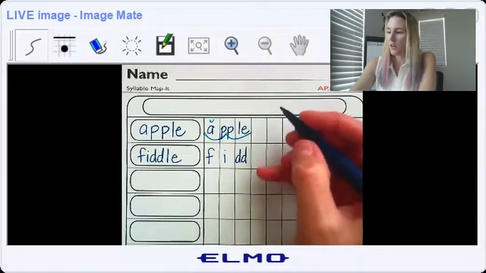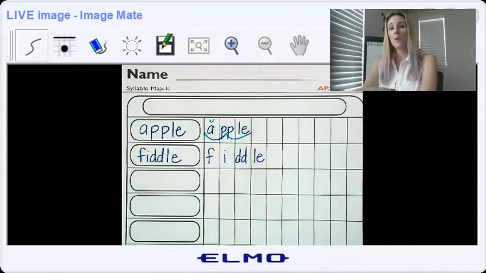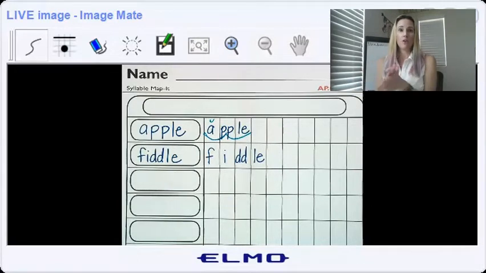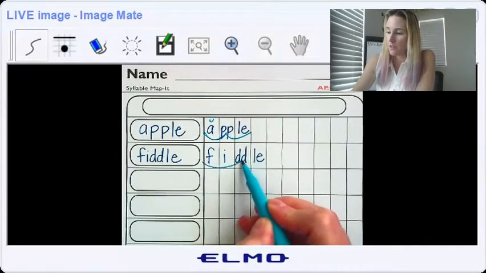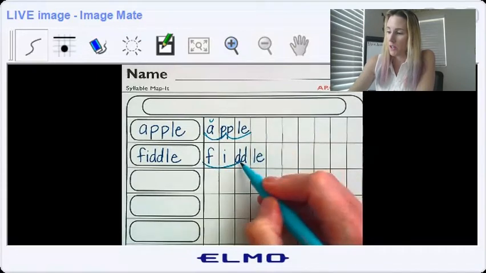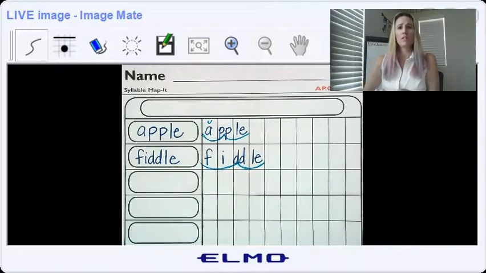We just put it together. And then you have your ul, okay? But remember, when we do syllables, we would say fiddle, so it sounds like it divides after the I. But because of the double consonants, we're going to divide it in between them. Fiddle, fiddle. A fiddle is a musical instrument.